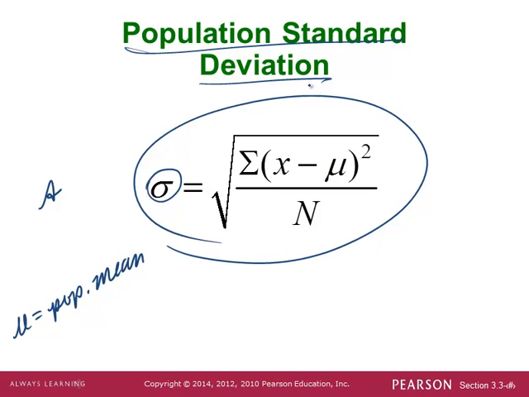Now, if you happen to know the measurement for every individual in the population, then you could calculate the population mean and then take each individual's measurement minus the population mean, square those deviations, add them all up, and divide by the total population size, which, by the way, is capital N. Then take the square root of that, and that'll give you the population standard deviation, sigma.